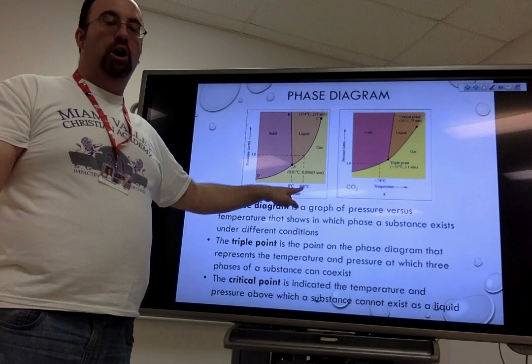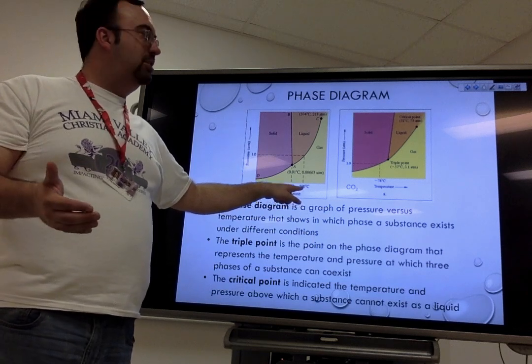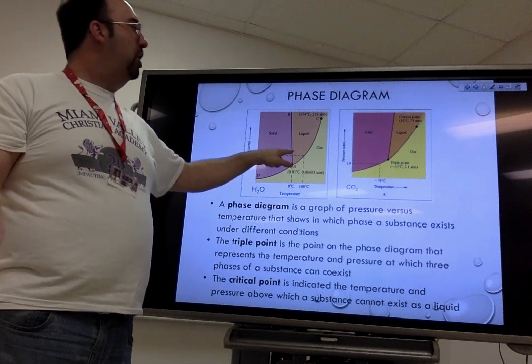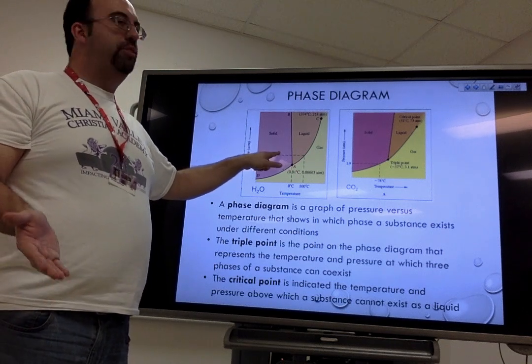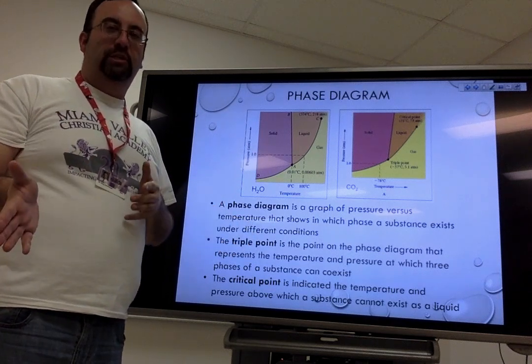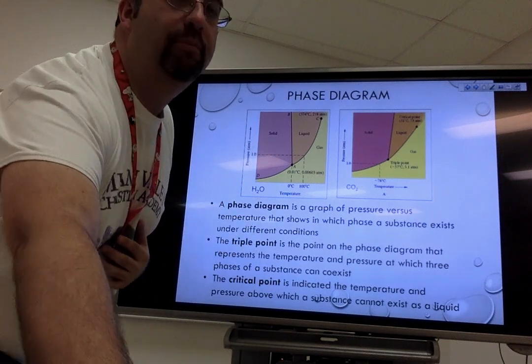We can also remove heat, so going from the gas to the liquid would be condensation, and going from the liquid to solid would be freezing. I also wanted to point out the situation we talked about earlier when it came to sublimation.